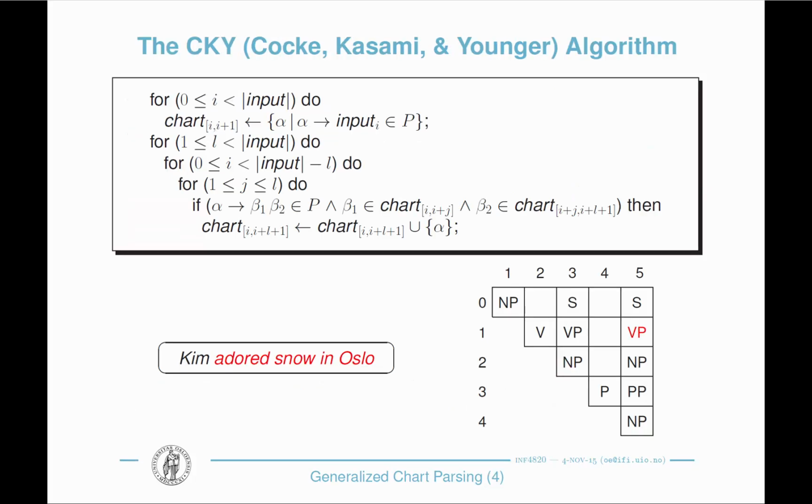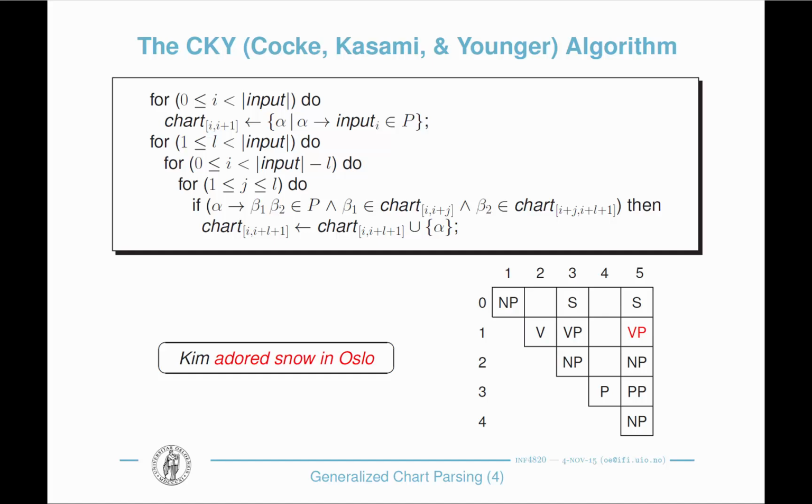And then each cell is a set of categories that I can derive for this substring. And the set metaphor gives us that bounding of ambiguity because we'll not put multiple entries of S or VP or anything into the cell. When there are multiple ways of deriving the same category, we'll just record one.